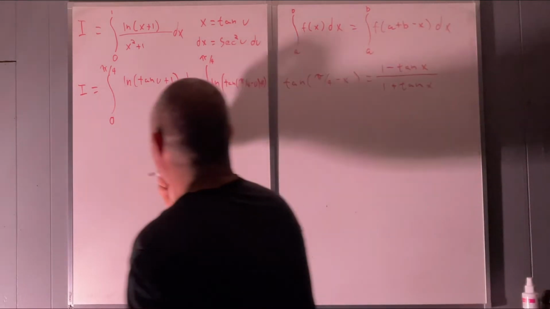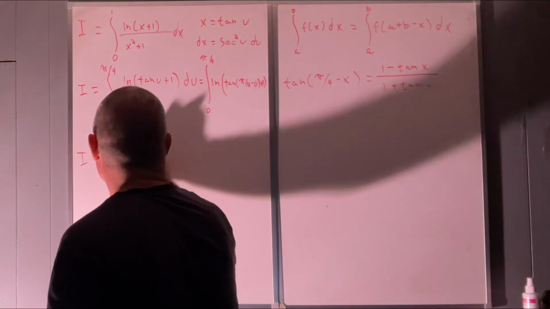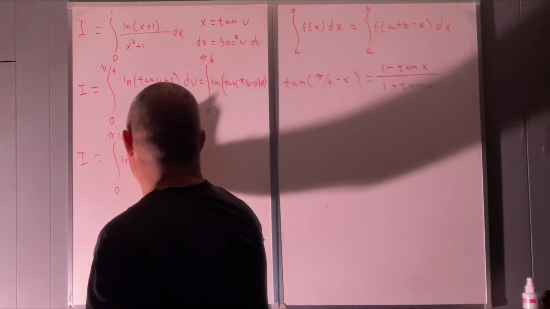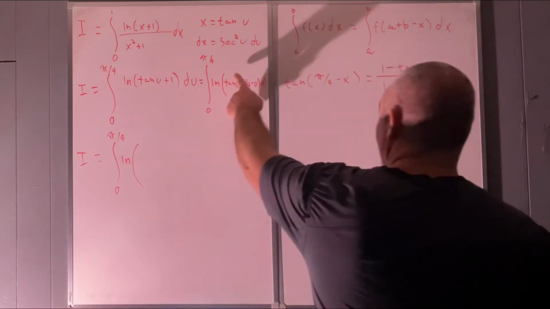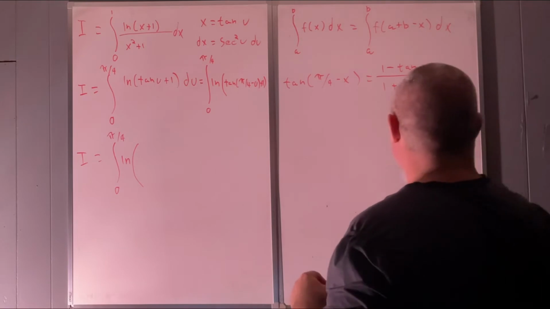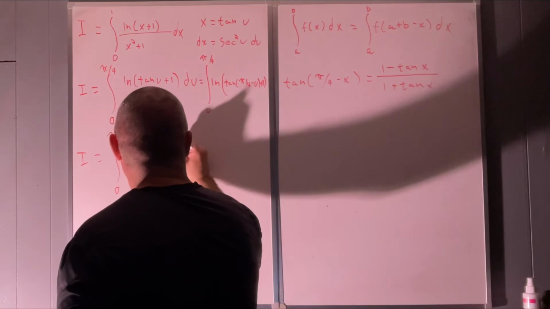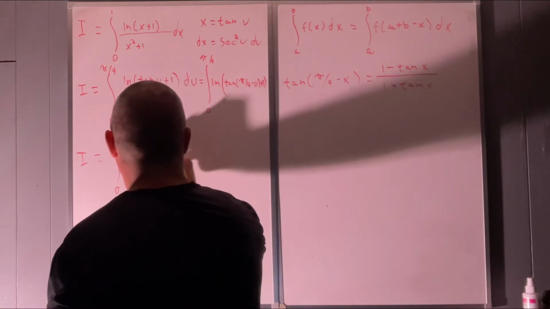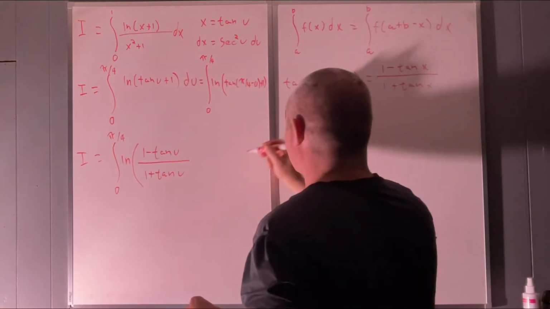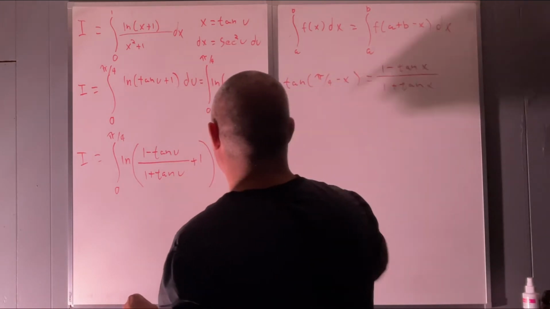So now we have I being equal to the integral from 0 to pi over 4 times the natural log of, okay, this tangent pi over 4 minus u is going to change to this. So we're going to have 1 minus tangent u over 1 plus tangent u, and then of course we have the plus 1, and that is du.